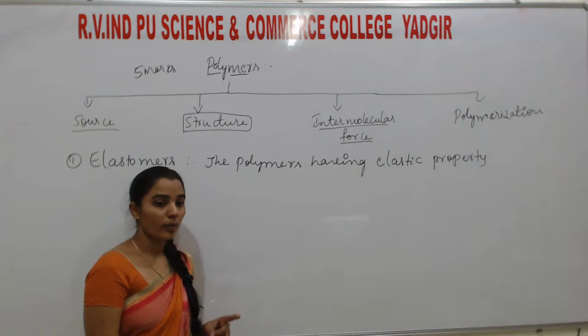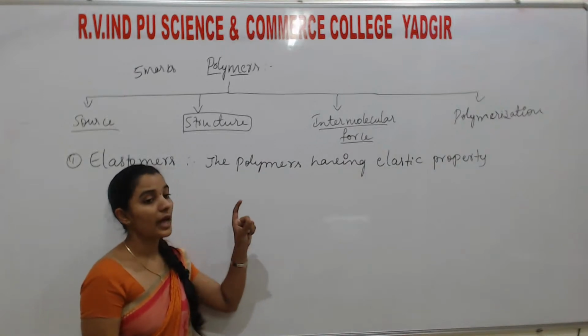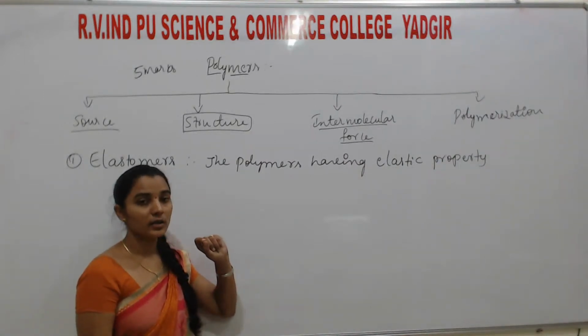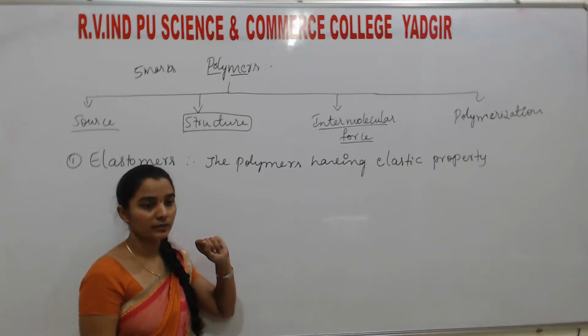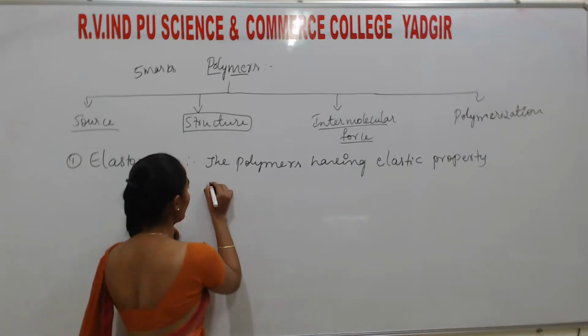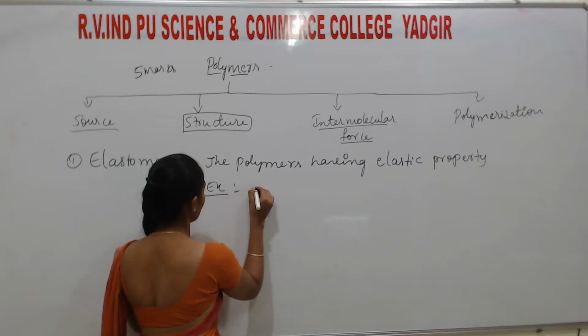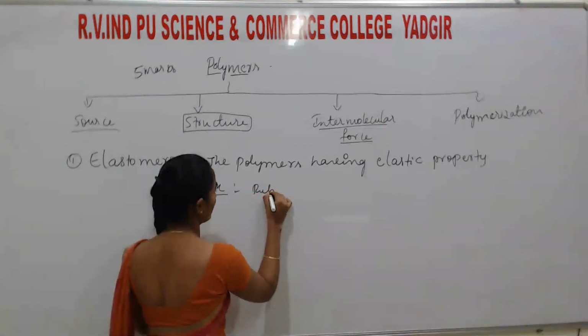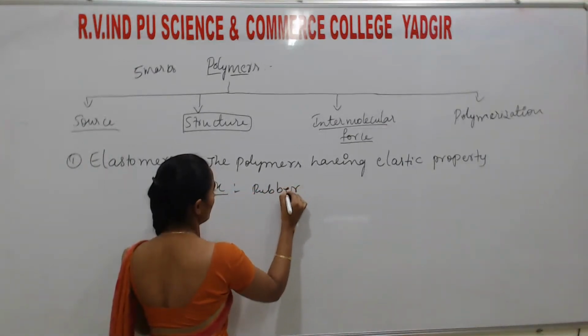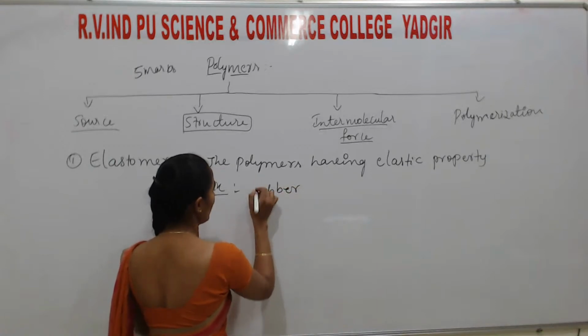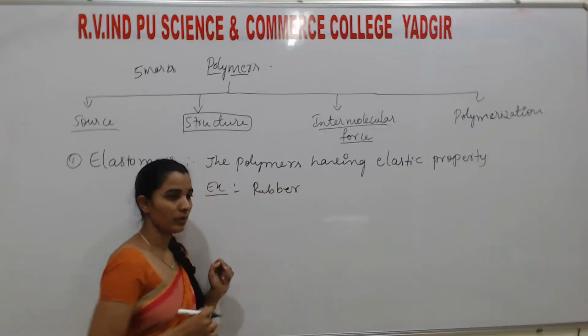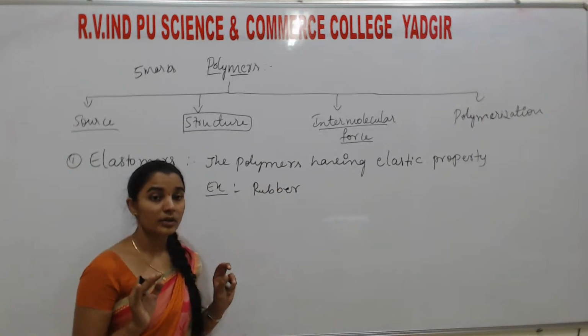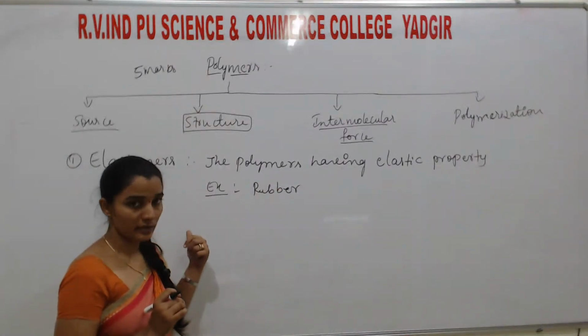Understand? The polymers having elastic property are called elastomers. Okay, so the example for this is rubber. Natural rubber it may be, or synthetic rubber. Rubber is the best example for an elastomer.